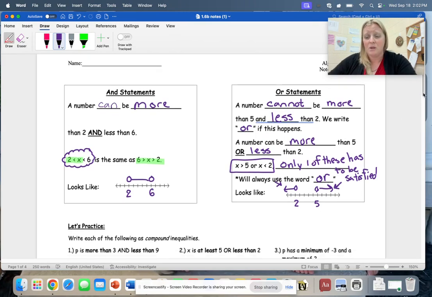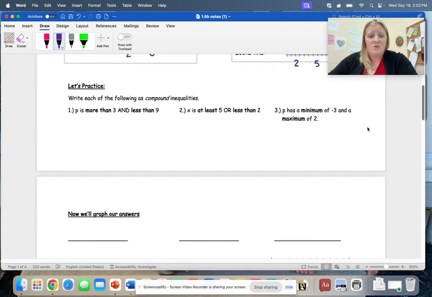So the first thing we're going to do is just practice turning words into math. It says write each of the following as a compound inequality. That means I want you to turn all this into symbols and letters and numbers. So we have an and statement. When you have an and statement, your letter will go in the middle, and you will have a symbol on each side, both pointing the same way.